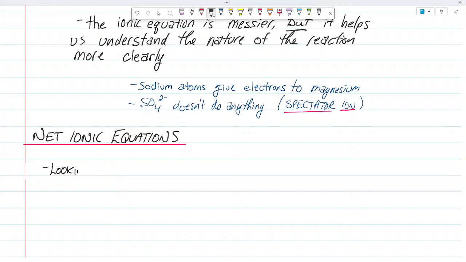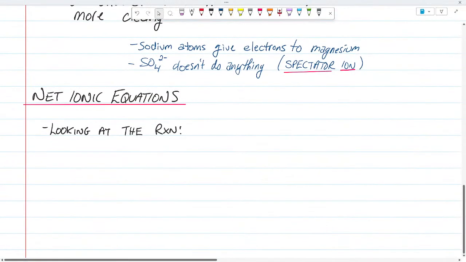So, looking at this reaction, right? So we have 2 sodiums. I'm just going to rewrite this so we can kind of mess it up a bit.